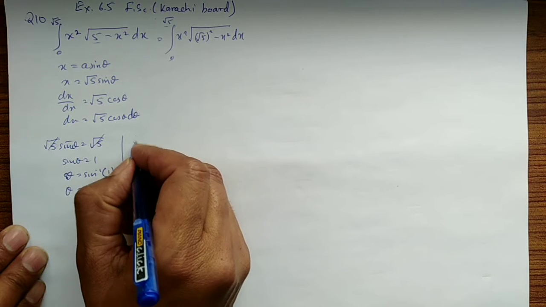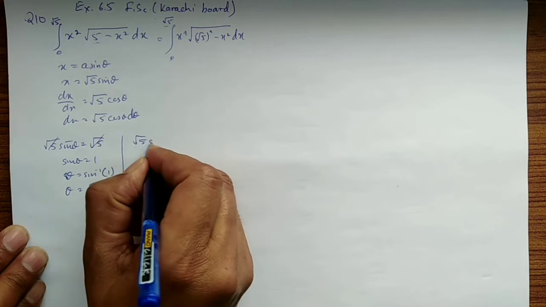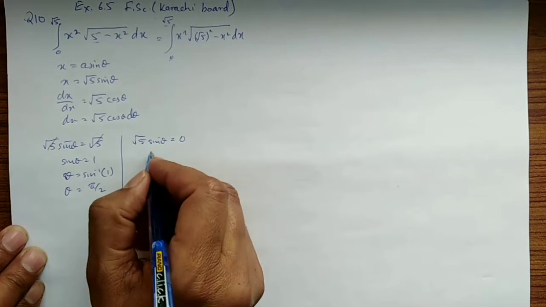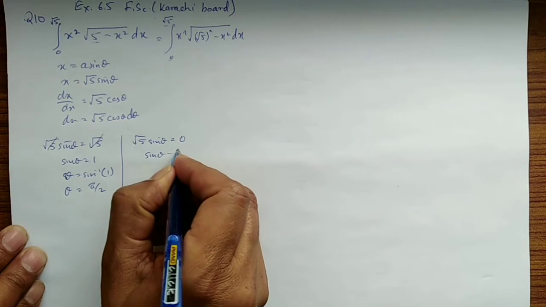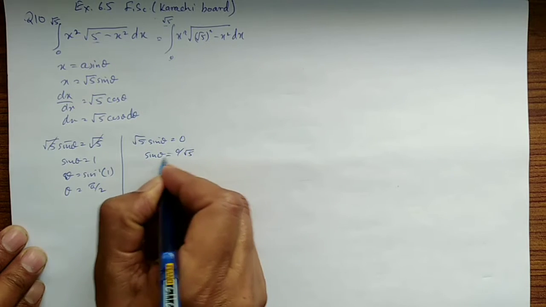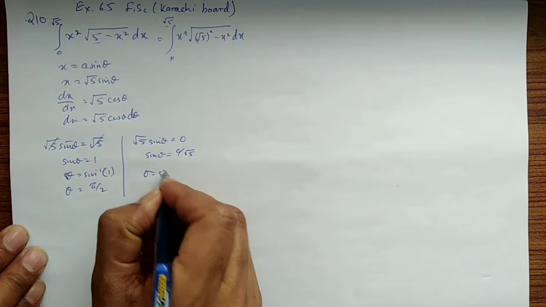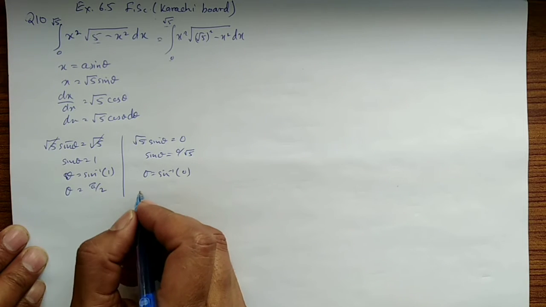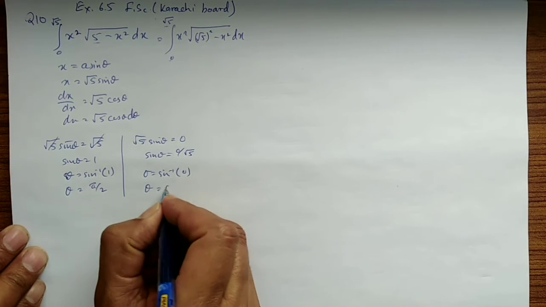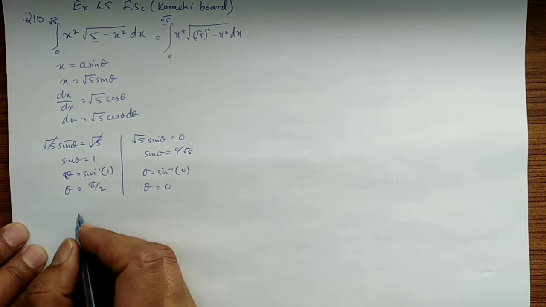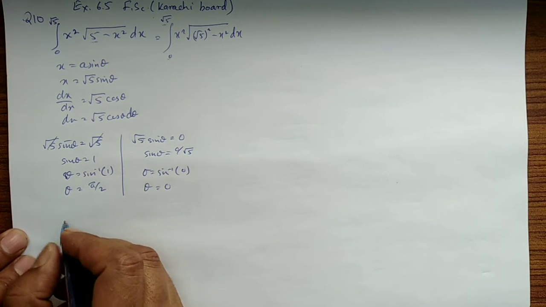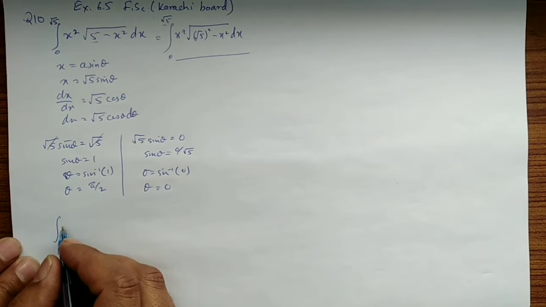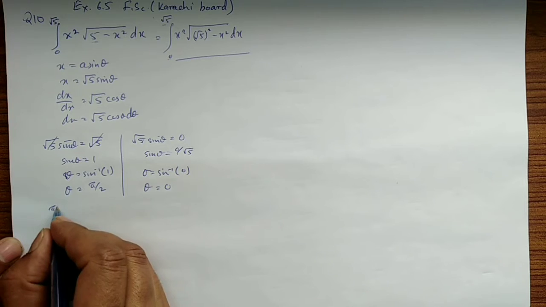And similarly root of 5 sine theta is equal to 0, and sine theta is equal to 0 upon root of 5, sine inverse of 0, right? So theta is equal to 0. Now putting all the values in the original question, we can write this form as the integral from 0 to pi upon 2.